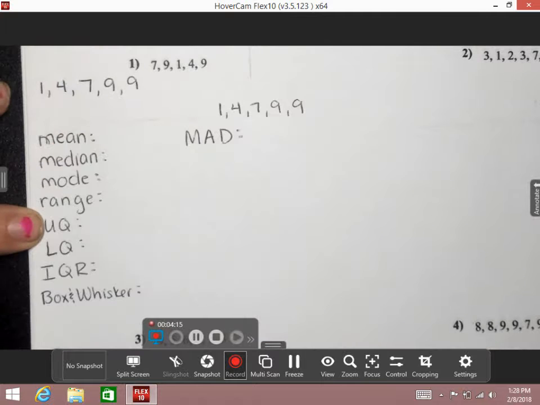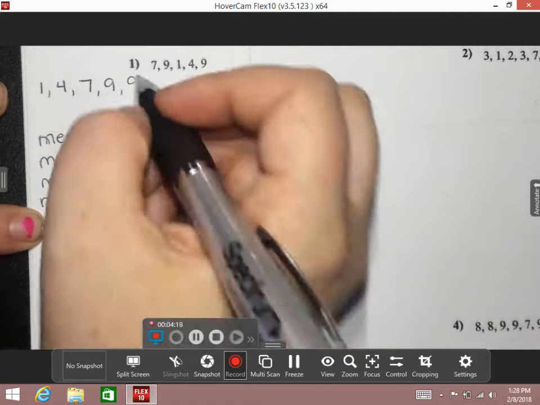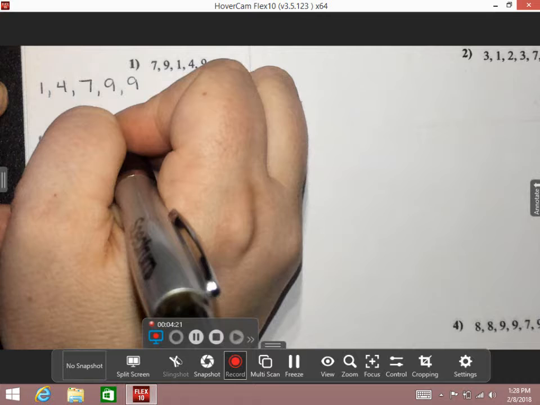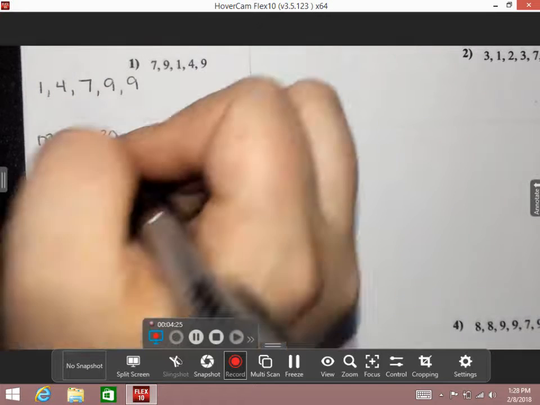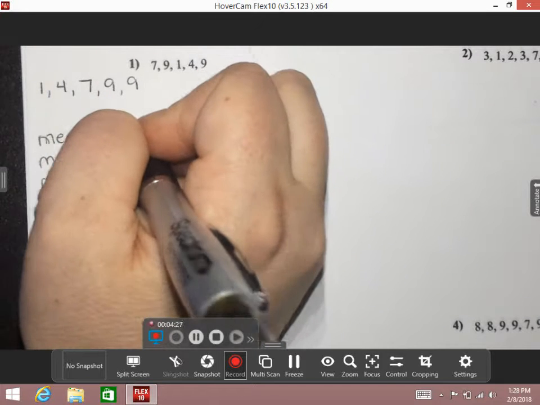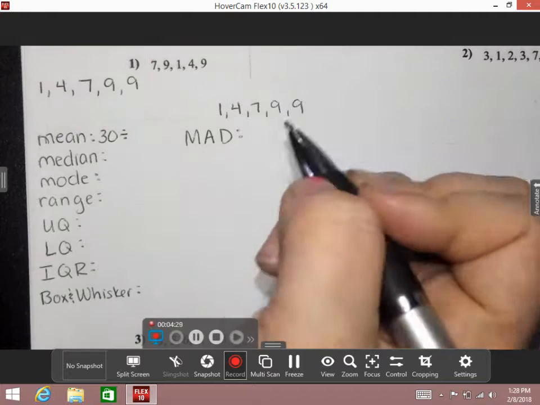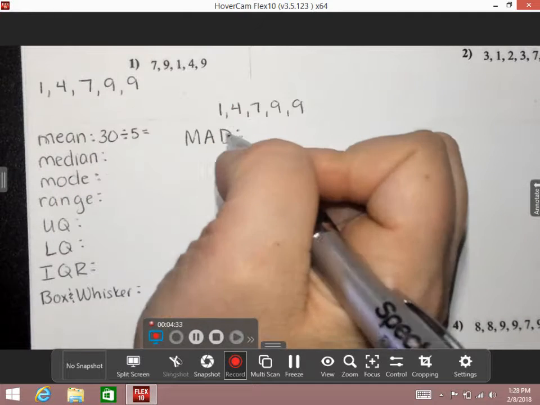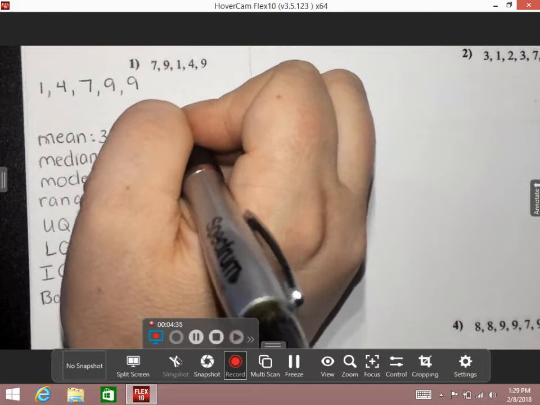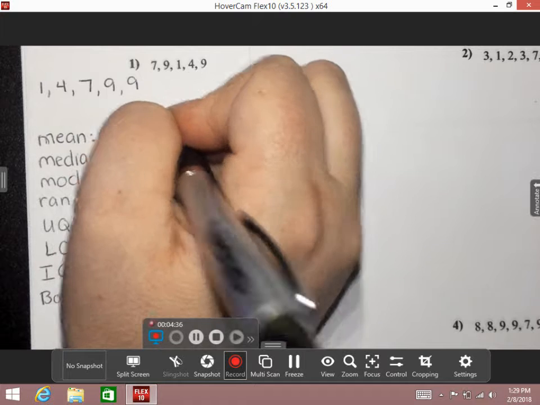What do I get when I add them? 30. Thank you. She just jumped to the answer. So now what do I have to do, Amelia? Divide it by how many numbers that we added. And that we're dividing it by? 5. Thank you. And then what did you get for that answer, Amelia? 6. Excellent job. Okay. Guys, quiet, please.